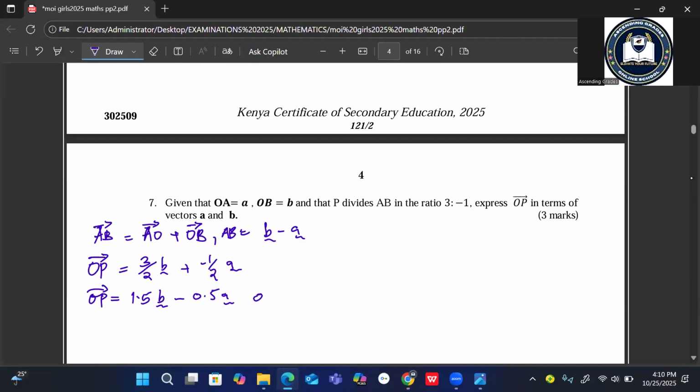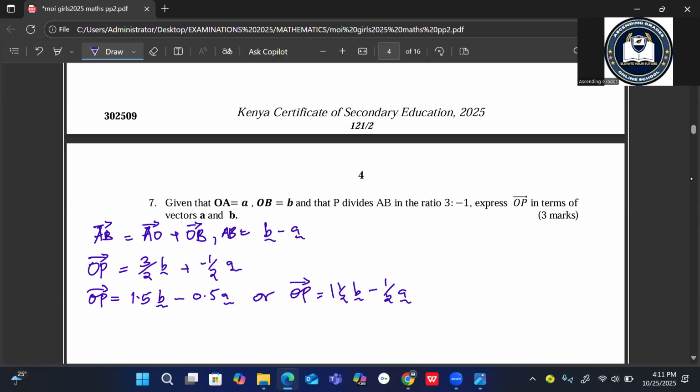Or this is the same as OP, same as 1.5 B minus 1/2 A. It's just the same thing.